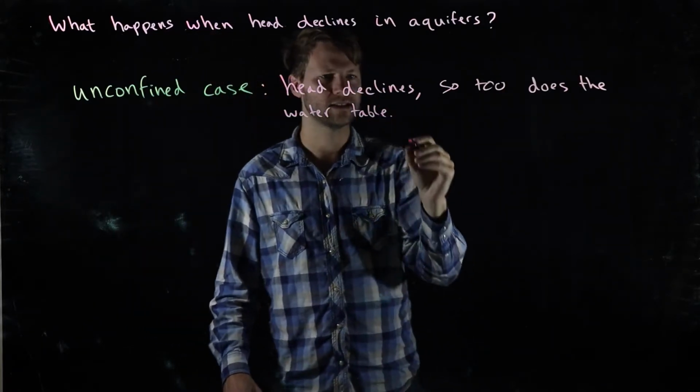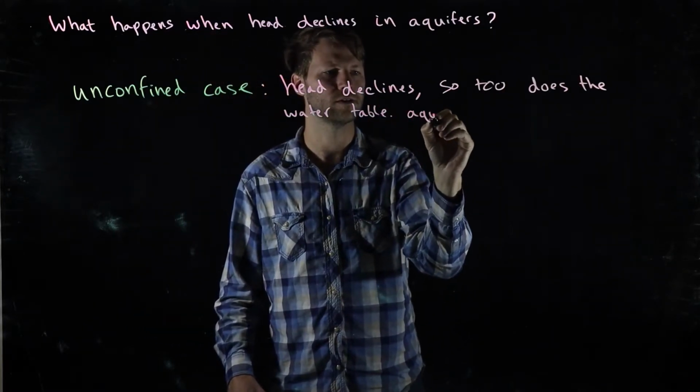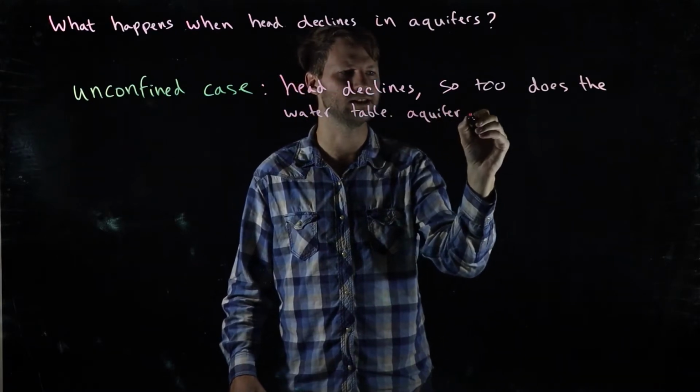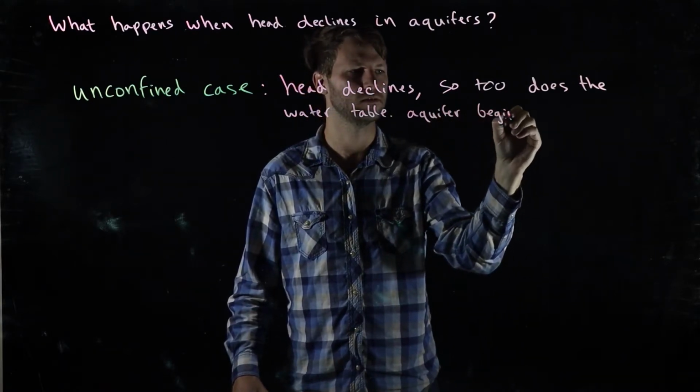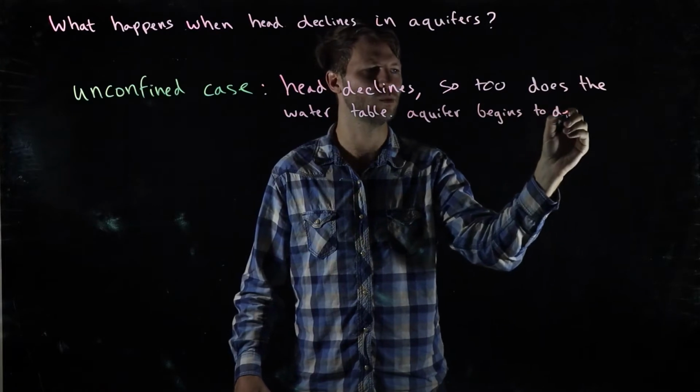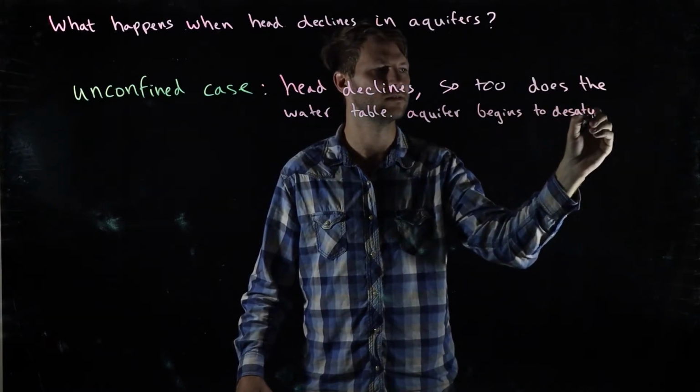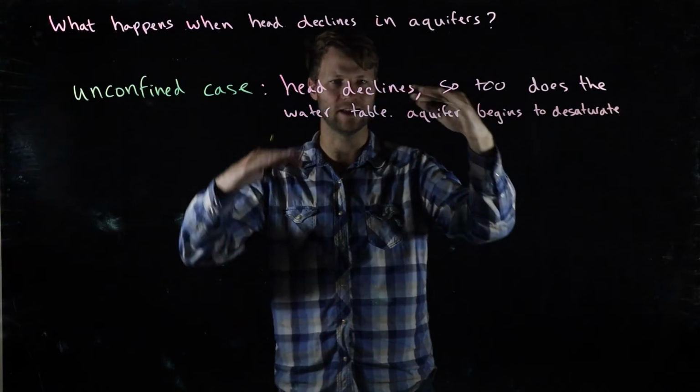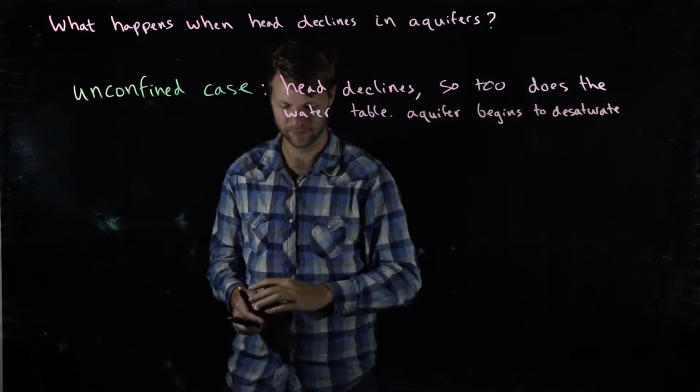And in effect, the aquifer begins to desaturate as the water table is lowering. The pores are being drained as that water table is coming down.